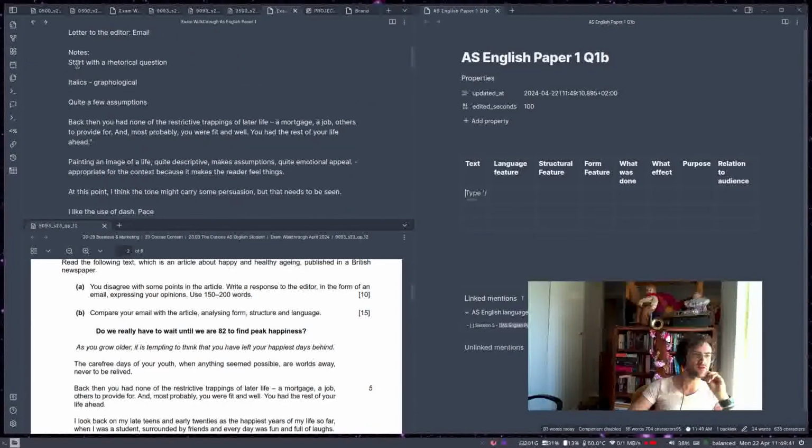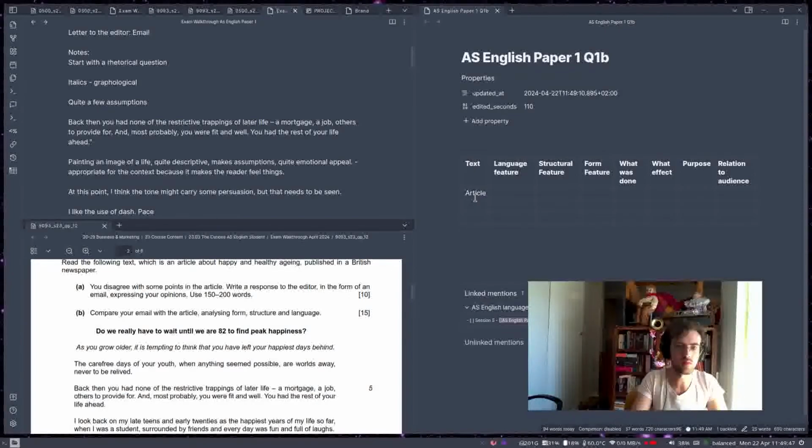So I'm going to just start with my notes. So my article had a rhetorical question at the very beginning. So do we really have to wait until we are 82 to find peak happiness? So that is a rhetorical question.